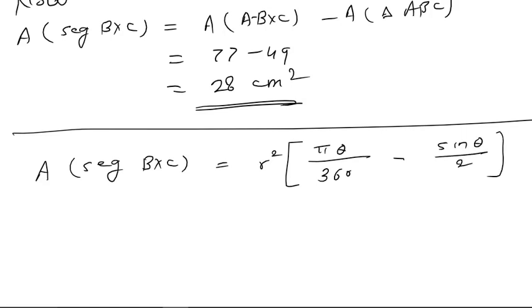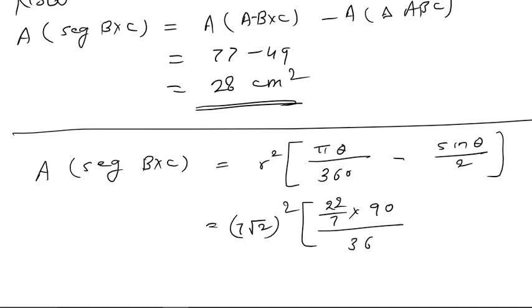So r square is 7 root 2 the whole square. The value of pi is 22 upon 7. The value of theta is 90 divided by 360 minus sin theta, which means sin 90 degree upon 2.